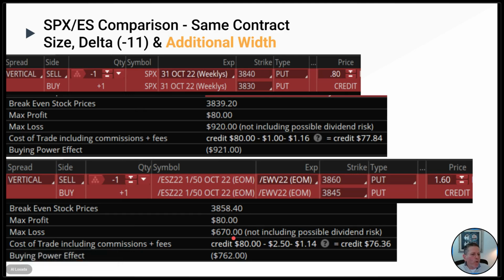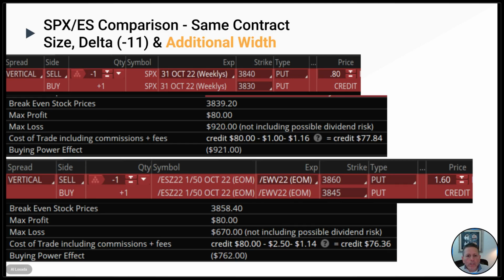So you see the comparison. Yes, you have more commissions, but between the two, you're actually getting a better bang for the buck with ES futures, because the amount that you have to lay out is much less. So you can trade bigger. That's really one of the benefits of trading ES as well.